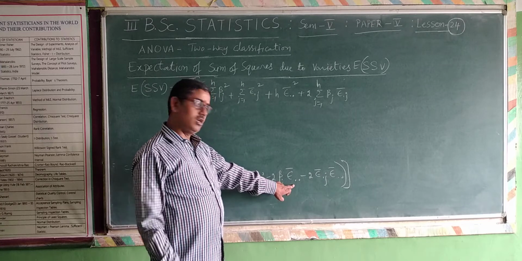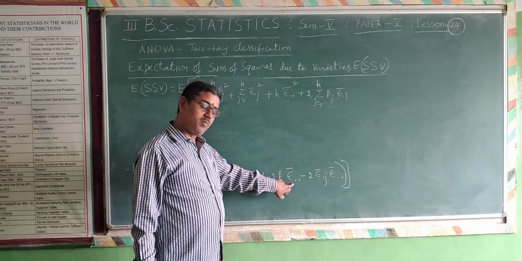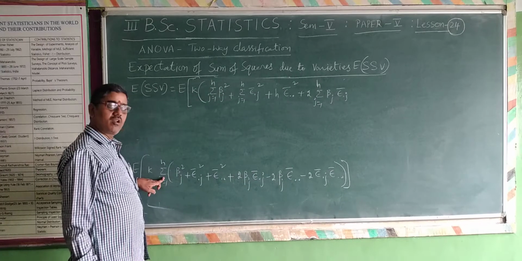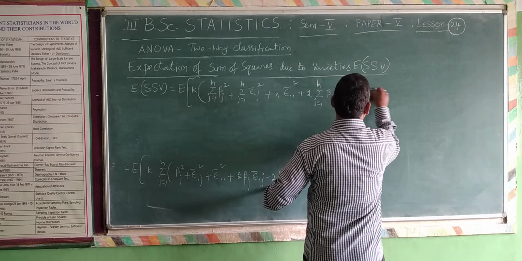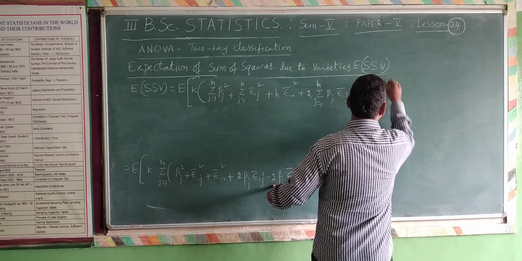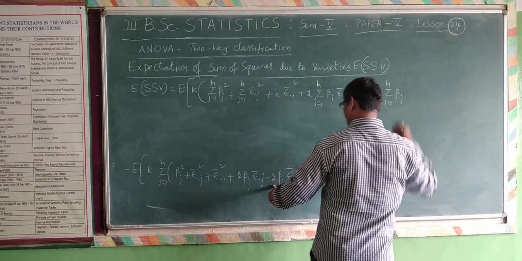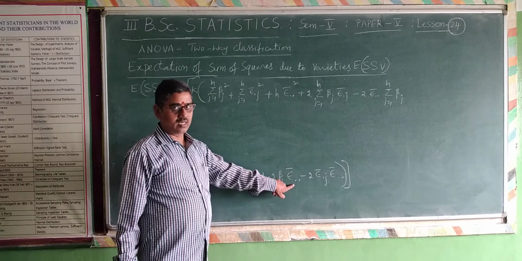Okay, and then in the term beta j epsilon bar dot dot, epsilon bar dot dot does not depend on j. So minus 2 multiplied by epsilon bar dot dot into summation j is equal to 1 to H of beta j. Epsilon bar dot dot is a constant, so it is taken outside.